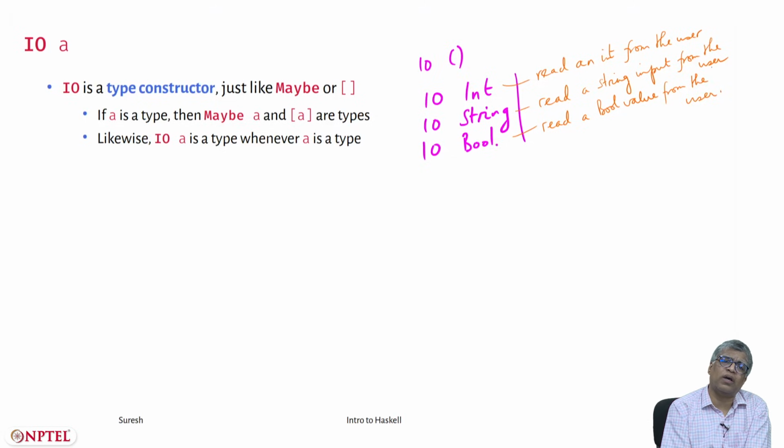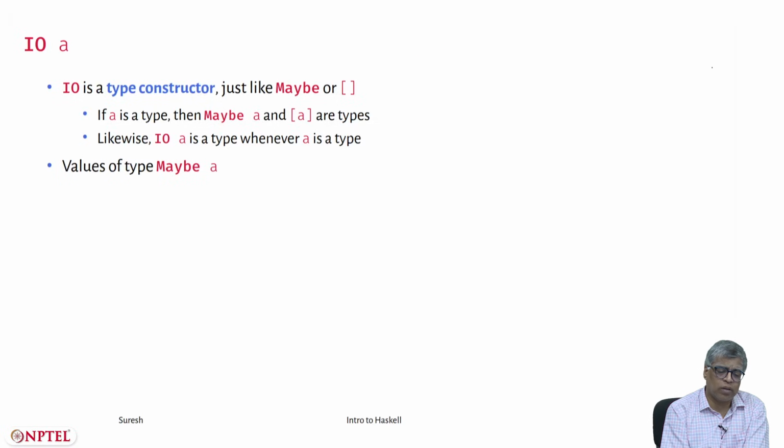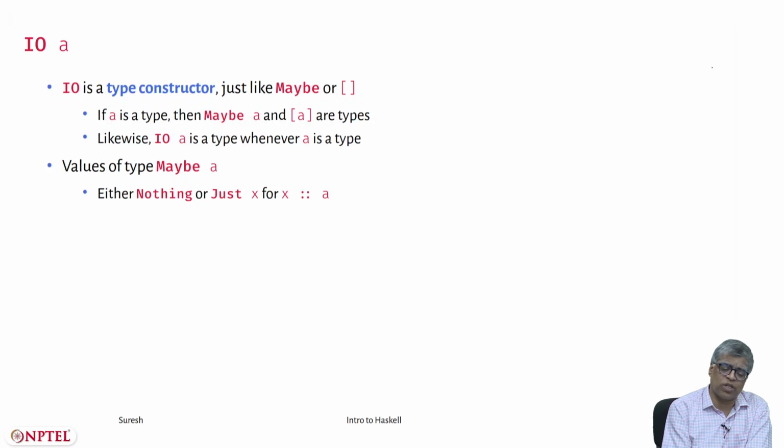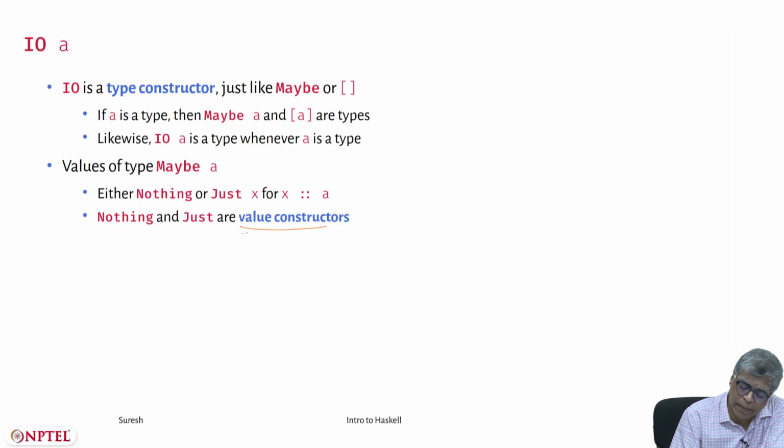So IO A is a type whenever A is a type. We know that values of type Maybe have this structure: it's either Nothing, or it will be of the form Just x, where x is of type A. Nothing and Just are called value constructors. Similarly, for list formation, you have two value constructors, one which is the empty list, which you may call nil, and another which is colon, which you may call cons.